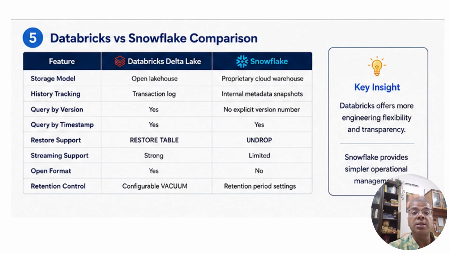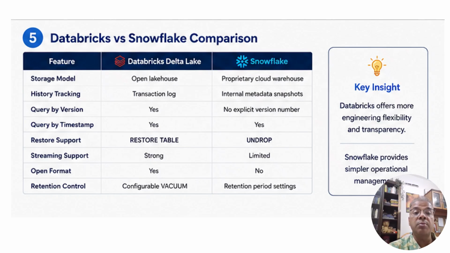Now let's look at the comparative view of Databricks and Snowflake. This slide summarizes the key differences between the two platforms. Databricks Delta Lake provides an open lakehouse architecture, exposes transaction log-based history, and has support for engineering and streaming use cases.